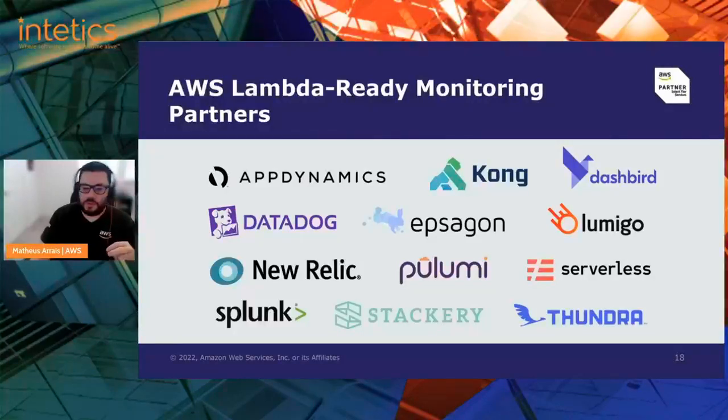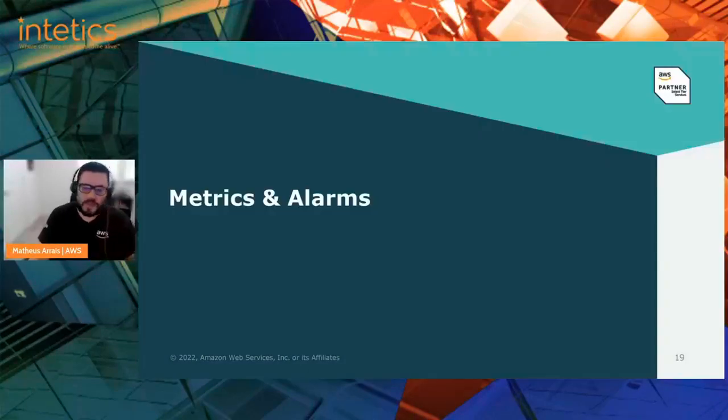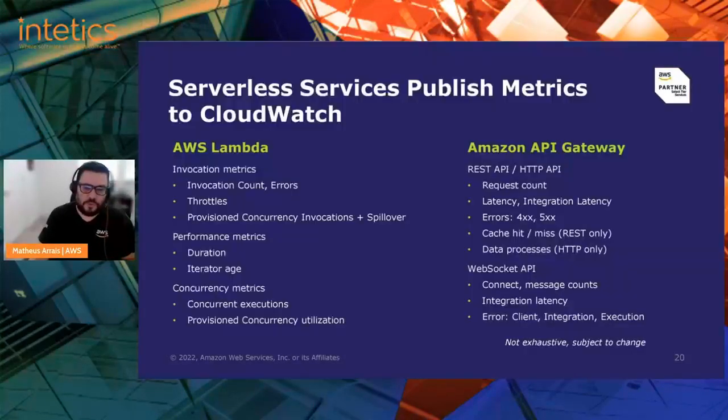Okay, so let's start digging a little with metrics and alarms first. CloudWatch comes with a number of standard built-in metrics, automatically gathered by Lambda, API Gateway, and DynamoDB, which I showed in the beginning. These are the default metrics for API Gateway and Lambda.